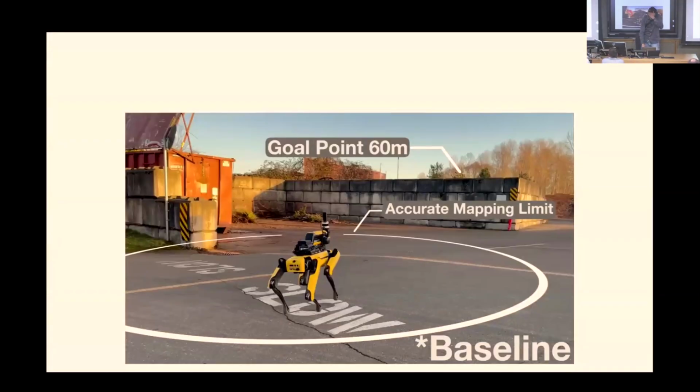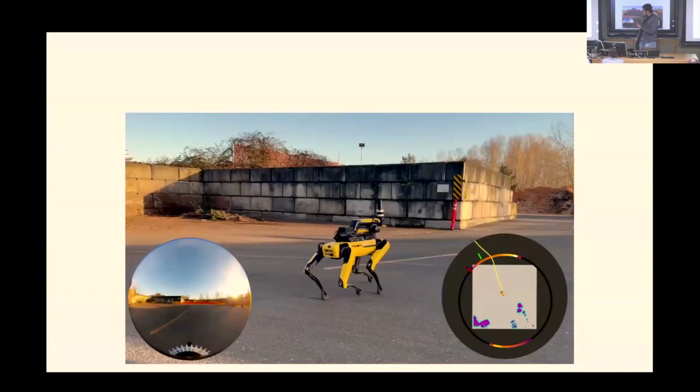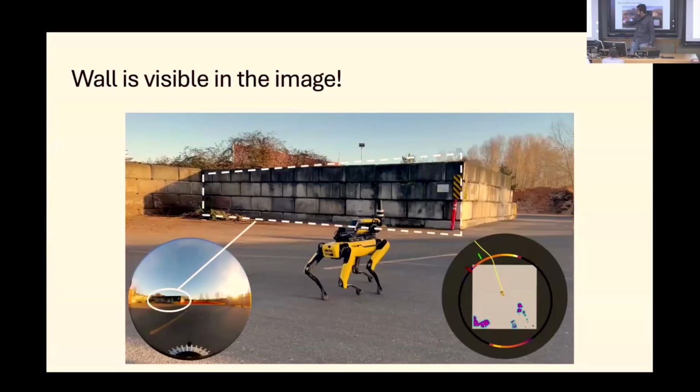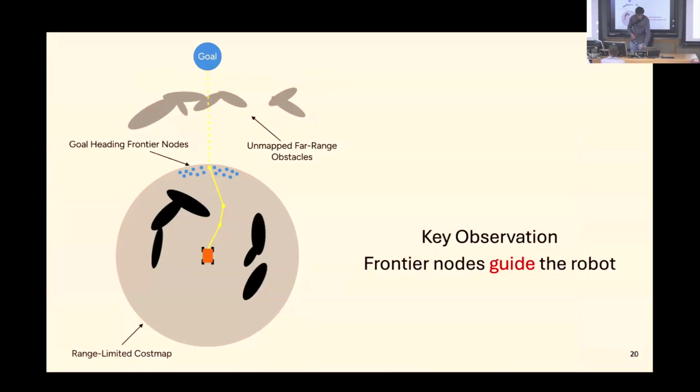But notice that while this wall is not present anywhere in the cost map, it's actually visible in the image, in the visual feed of the robot. So to summarize some key observations in these failures, the frontier nodes are what guides the robot, and secondly, we have visual information present which we are not utilizing well.